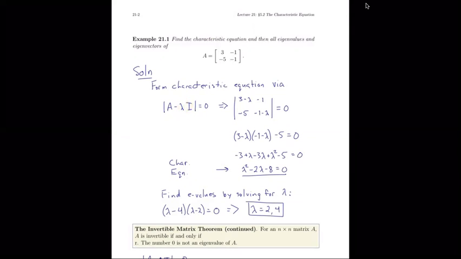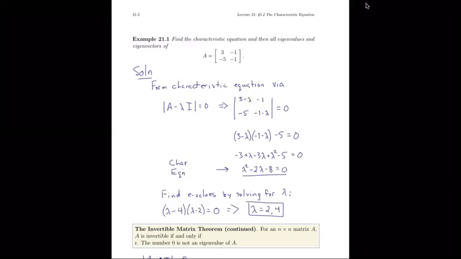Now, if I'm doing A minus lambda I, I'm just going to have 3 minus lambda, negative 1, 5, and 3 minus lambda. I have zeros everywhere else in my identity matrix, so nothing else has changed in my matrix A. This is the standard practice: you just move down the main diagonal of the matrix and subtract lambda in all cases.